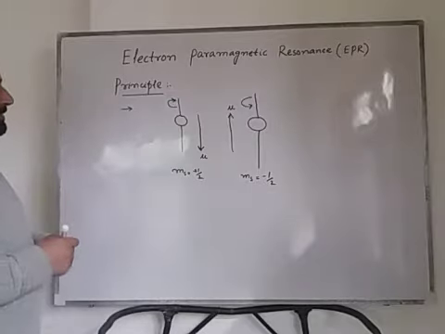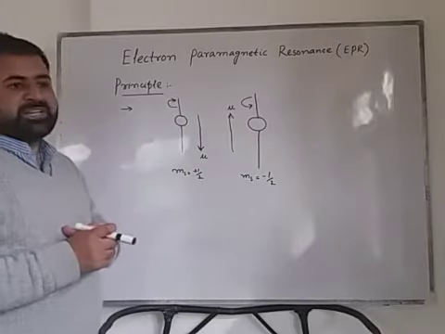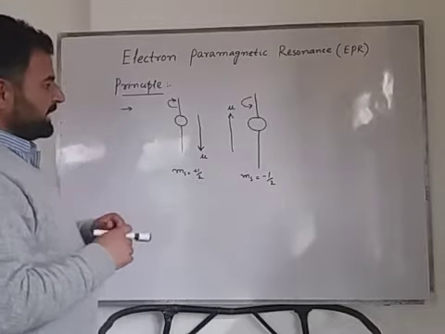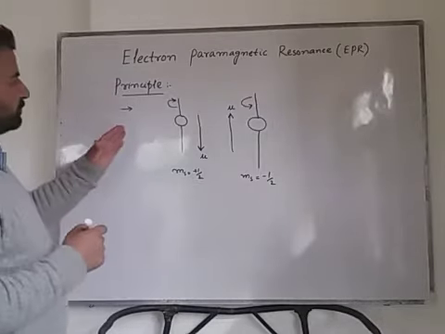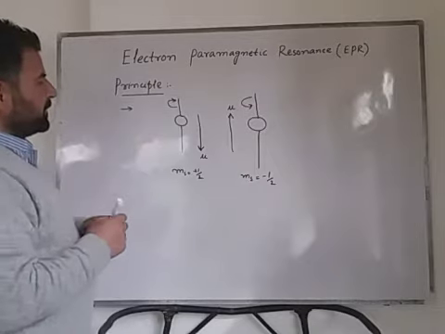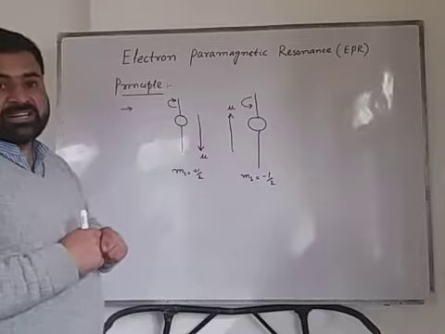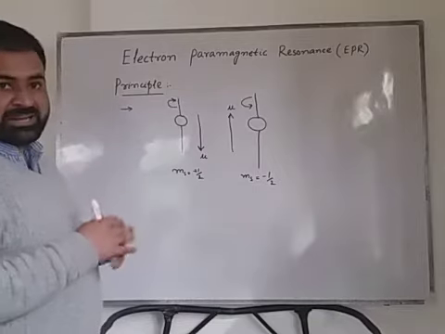So the two orientations are equally probable in the absence of the external magnetic field. At that very time, we can say the two spinning orientations are degenerate. That means they are of equal energy.